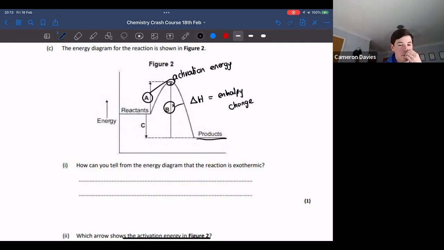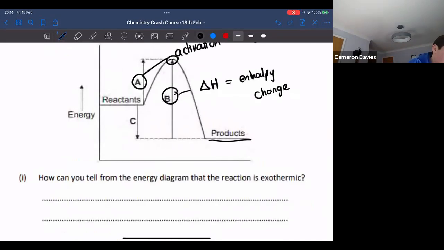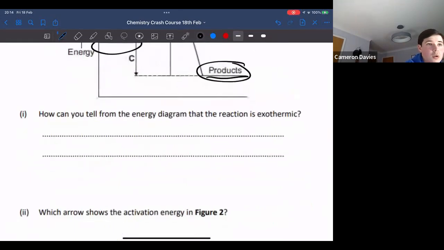We can use delta H to explain it, but in this case it's actually much simpler. We just want to say that the level of the reactants is higher than the level of the products. That is the only thing you need to say when you're explaining why it's an exothermic reaction and not an endothermic reaction.